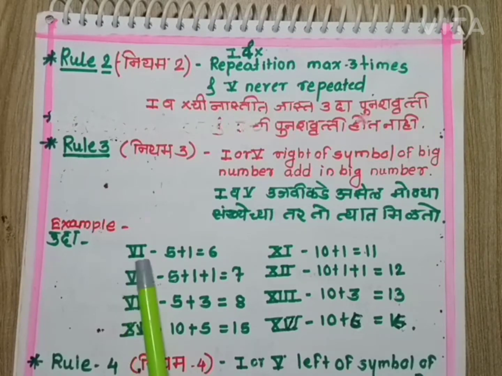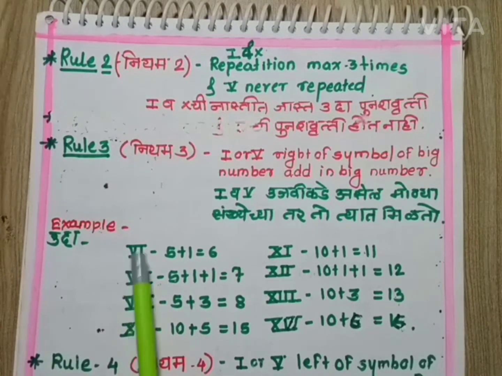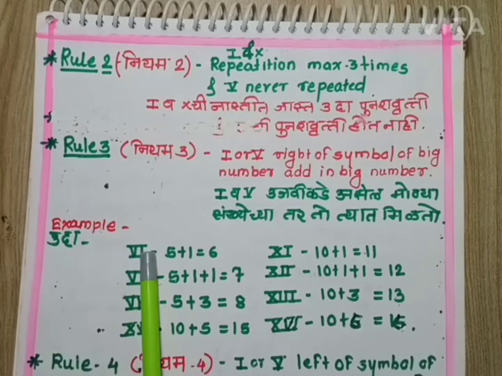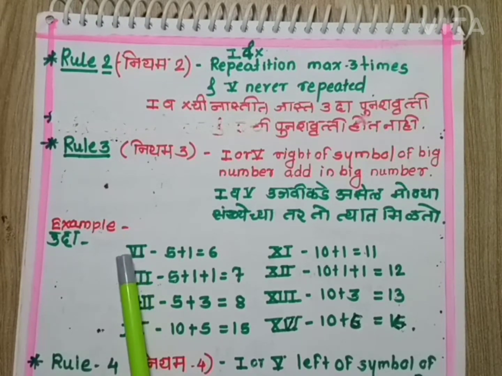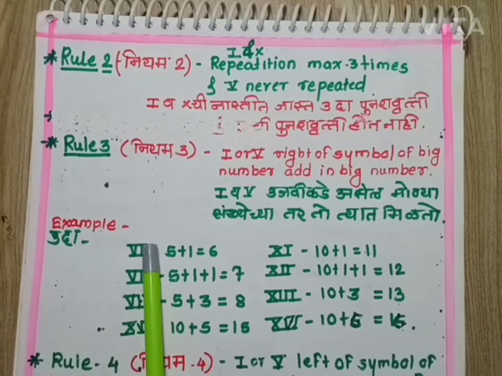Which is the bigger number here? V is bigger than I, so we consider the bigger number V. Now, I is on the right side of the V.